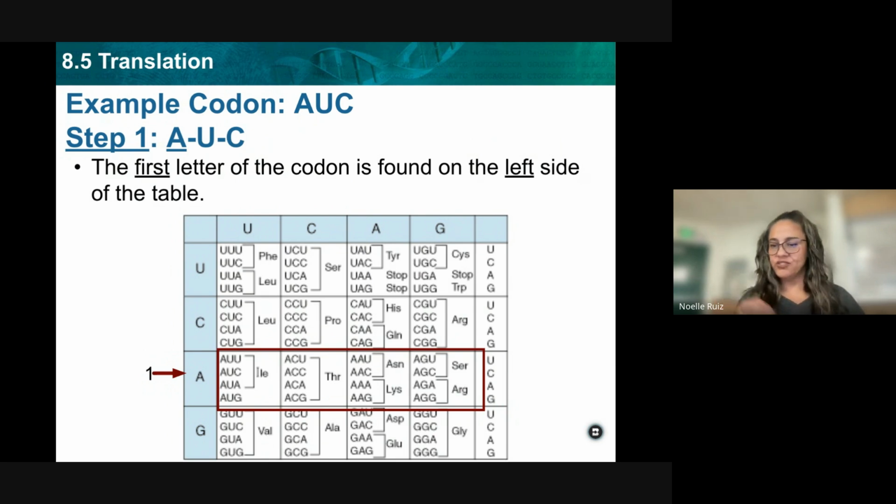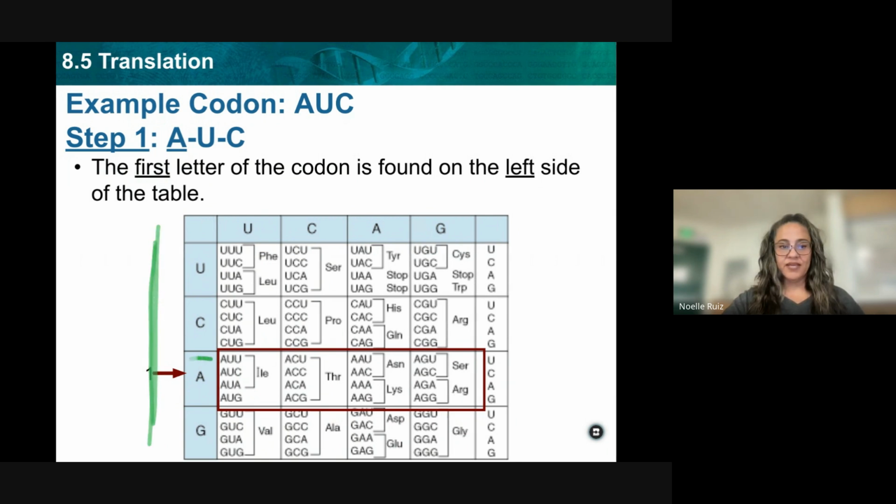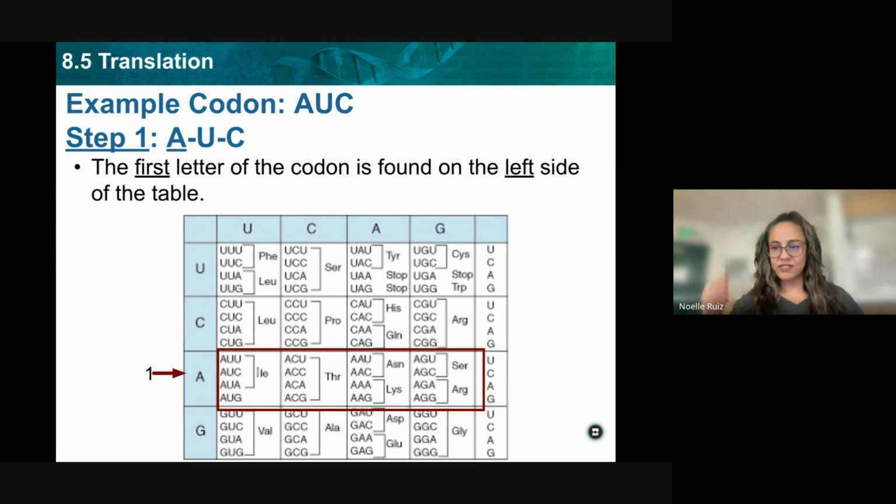Now on that mRNA strand, we're going to take 3 sample letters. And this is how we read the genetic code. The first letter of our codon is A. The first letter is found on the left side of the table. So here's our left side of the table. We go down to A, and now we have a row that we're looking at. We don't have to look at any of the rest of the chart.